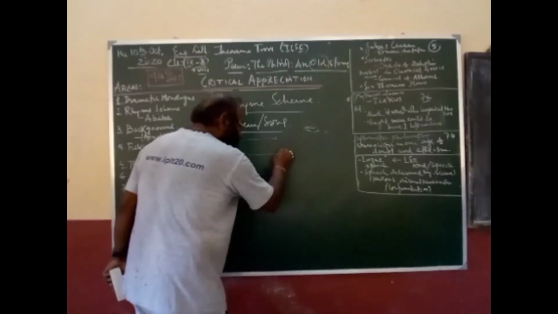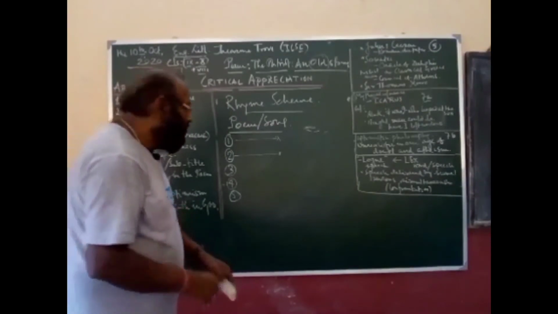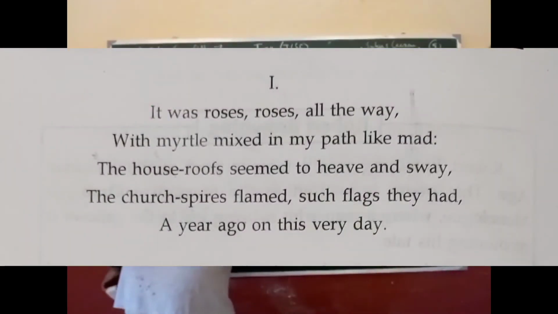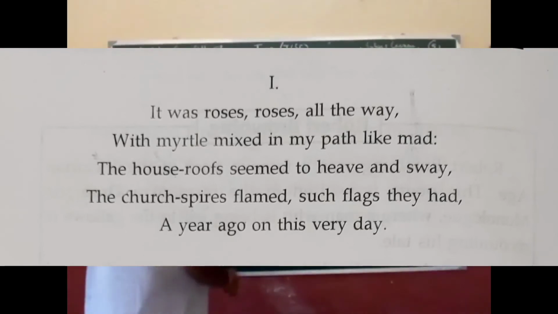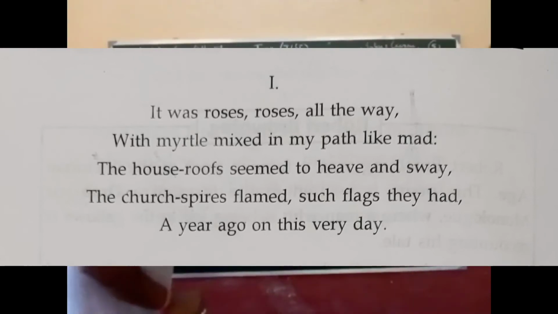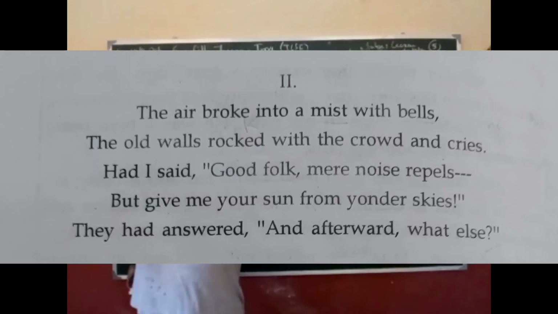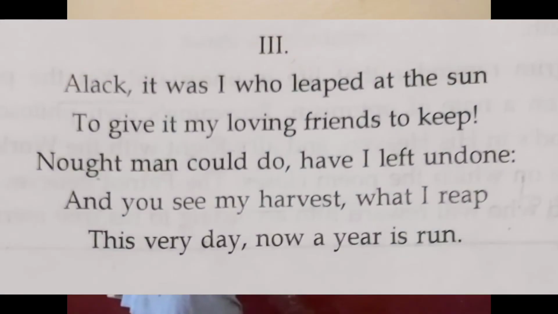But in this poem, The Patriot, there are 6 stanzas of 5 lines each. What have we seen? We have seen that the letter and the pronunciation at the end of the second line and fourth line are the same, and the letter and the pronunciation of the first, third and fifth are the same.